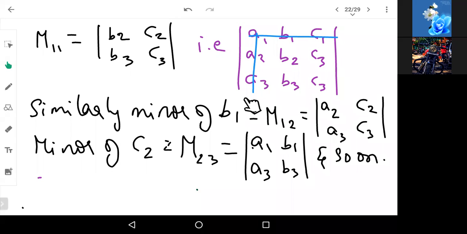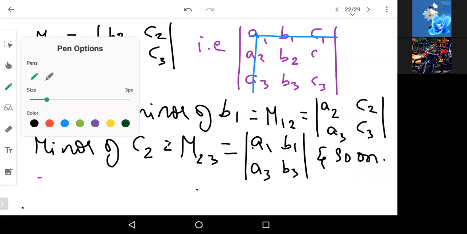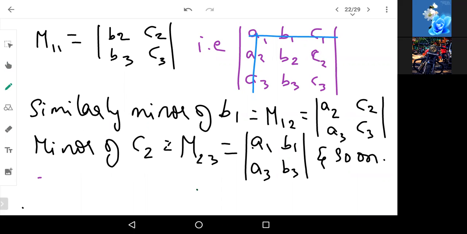Similarly, if I want to find the minor for B1, then I will delete the first row and second column and the values will be A2, C2, A3, C3. And so on.